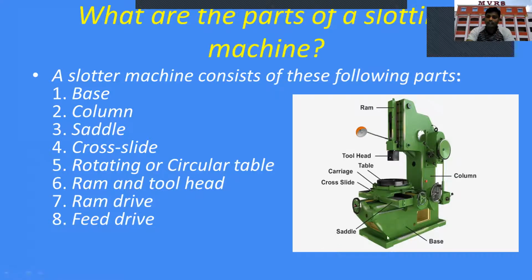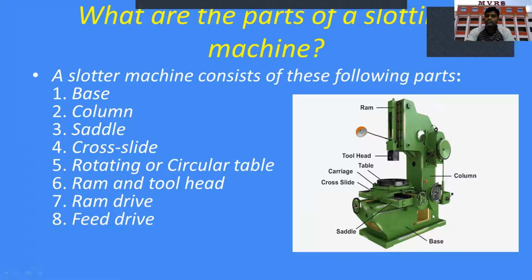So first, what is this base? As we all know, we have a base in the shaper machine also. What is the function of this base? The base is a rigid structure and it supports all these parts. Upon this base, all these parts or accessories are mounted.